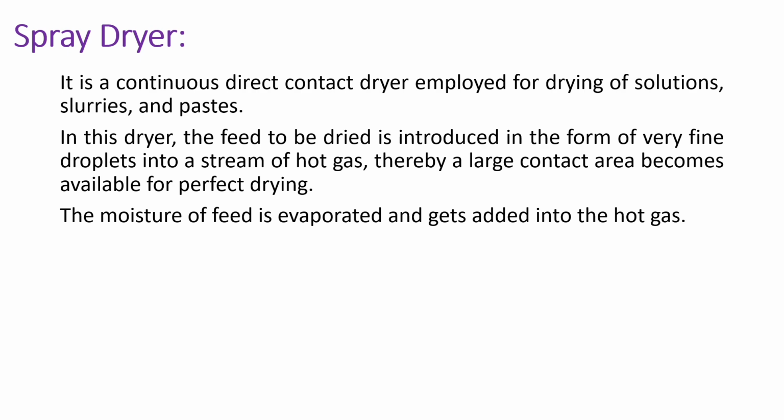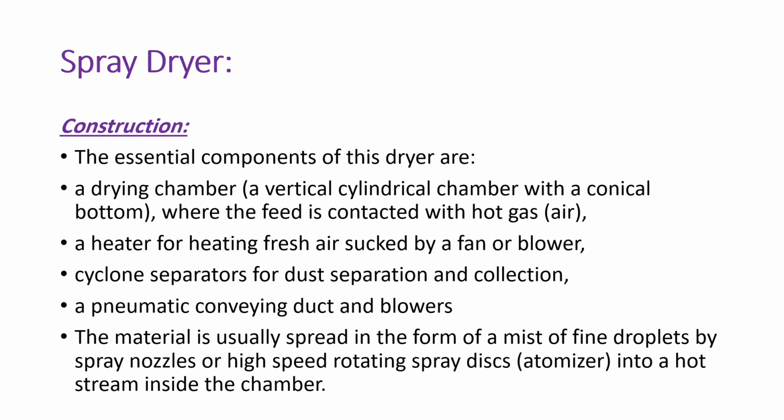And its construction consists of a drying chamber, heater, fan, atomizer, cyclone separators, and pneumatic conveying ducts. The atomizer breaks liquid into tiny droplets, and we have 3 common types: pressure nozzle, 2 fluid nozzle, and rotating disc atomizer.